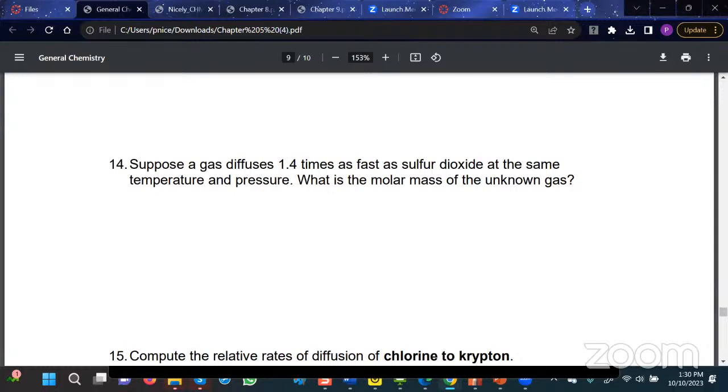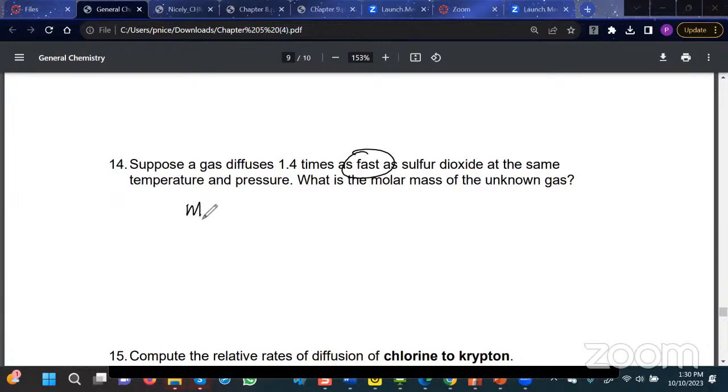Basically, you're using the same expression. Now, in this case, the way I would set this up, well, it's not actually the same because you're talking about how fast. So we're talking about rates this time, all right?